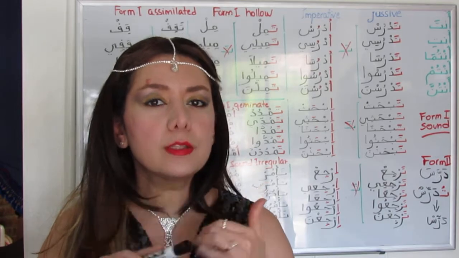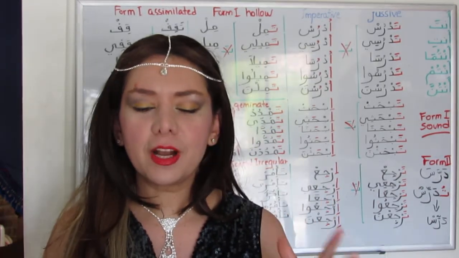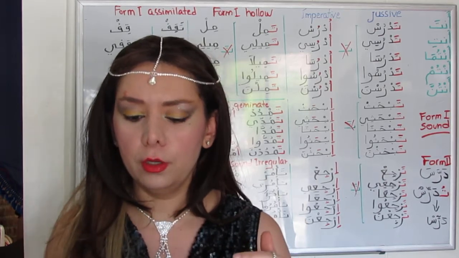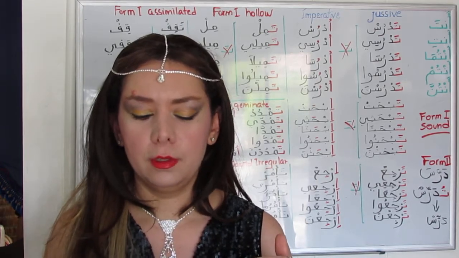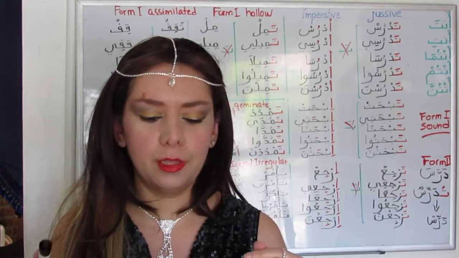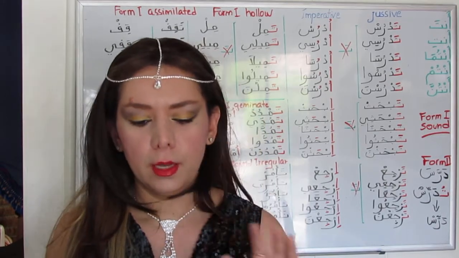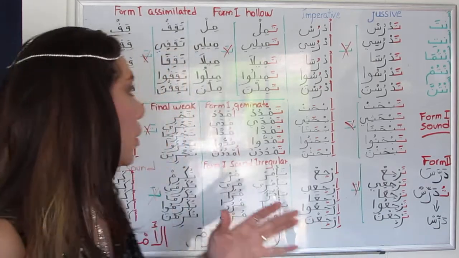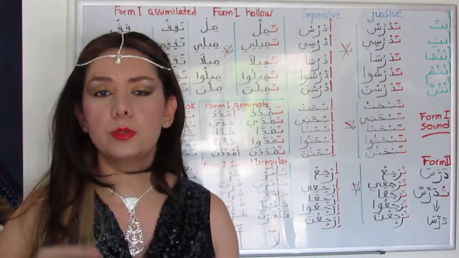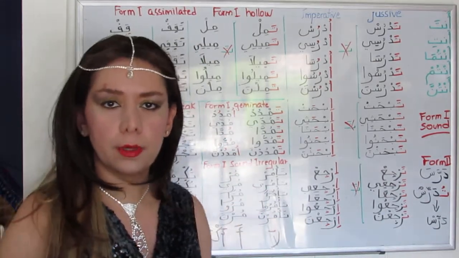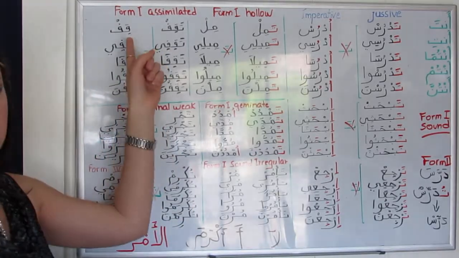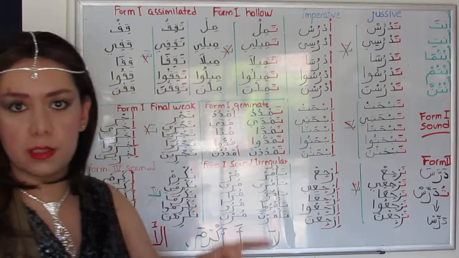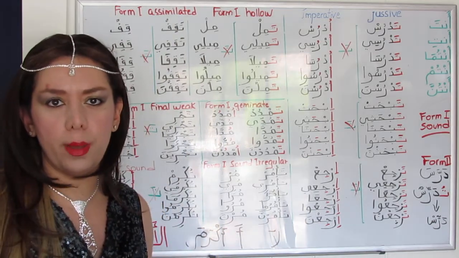So do not ever try to negate a command by putting la in front of the imperative. There is no such thing in Arabic as using la with a positive command. So if I want to say don't stop, I won't say la qif. La taqif. You will use the jussive to negate the command.